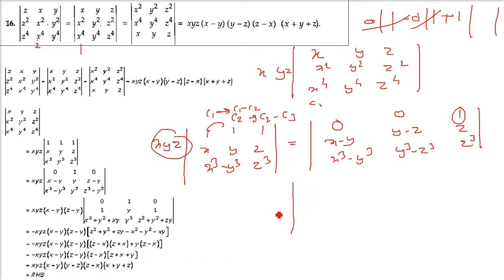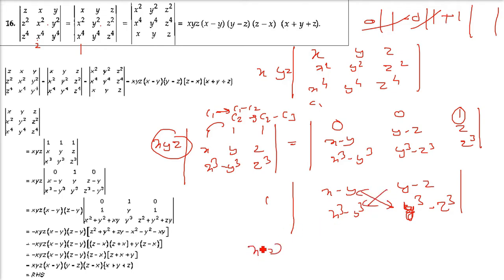So let us take this 1 into x minus y, y minus z, x cube minus y cube, and y cube minus z cube. Now, as I said, you can take x minus y common from the first column, because when you multiply x minus y into y cube minus z cube, and y minus z multiplied by x cube minus y cube.